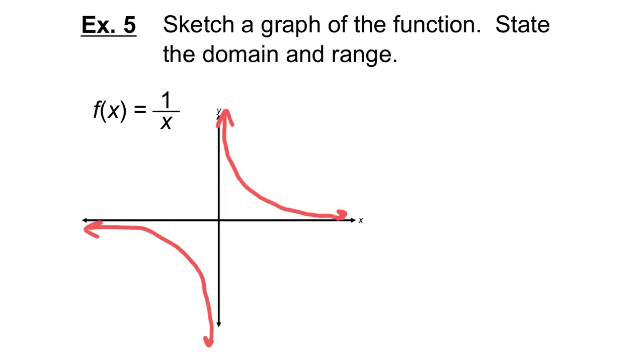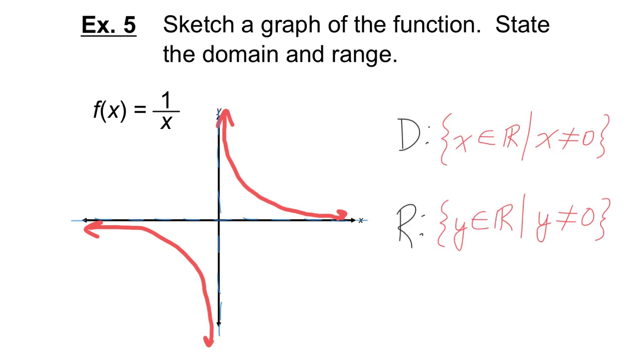Now this was the reciprocal function, 1 over x, and this is what it looked like. And you'll have this from the previous lesson. And I'd like you to try the same thing. See if you can write out the domain and the range for this function. Don't forget the asymptotes.